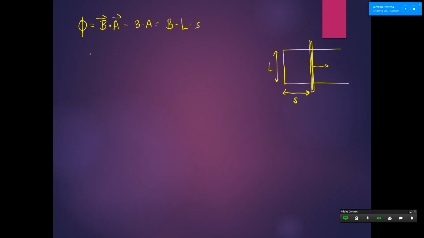And if I'm saying that the EMF induced, or the E induced, is equal to the change of my magnetic flux as a function of time, then I can write that it's the change as a function of time of everything that I wrote over here, B times L times S. Which of these three variables, B, L, and S, are constant?